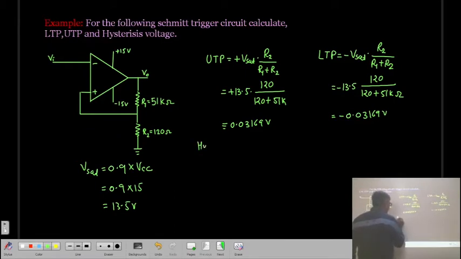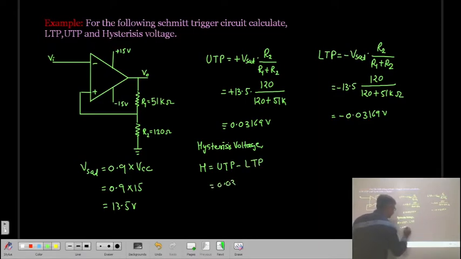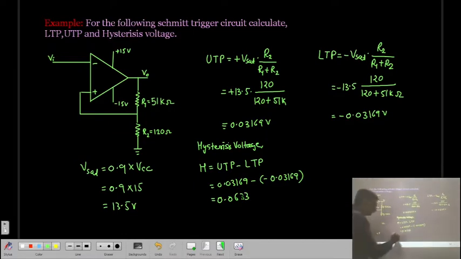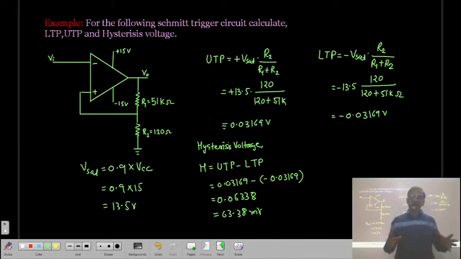So hysteresis voltage H is given by UTP minus LTP, which is 0.03169 minus minus 0.03169, and this comes out to be 0.06338, or you can say it is 63.38 millivolt.